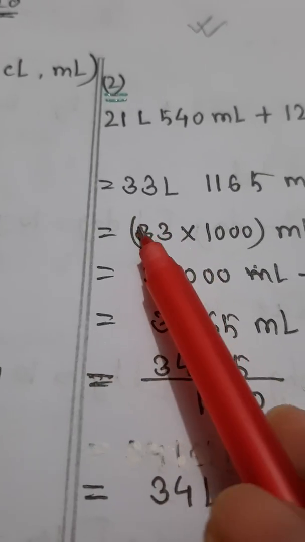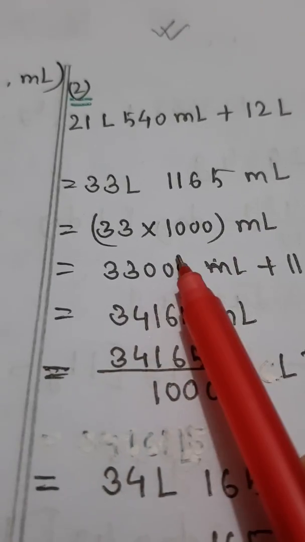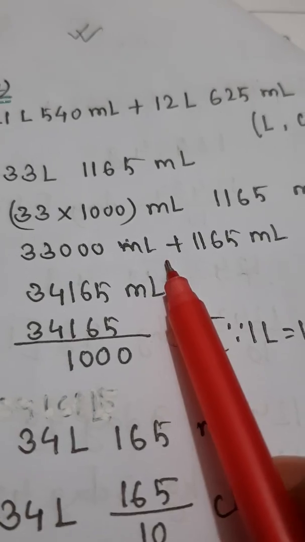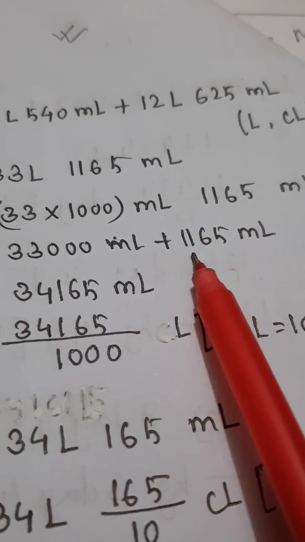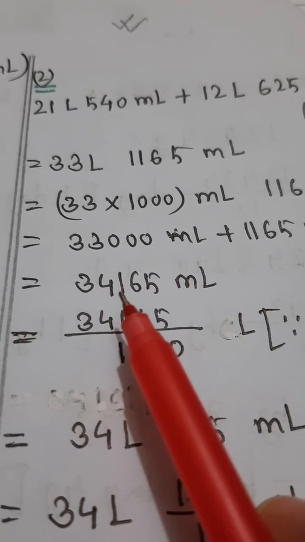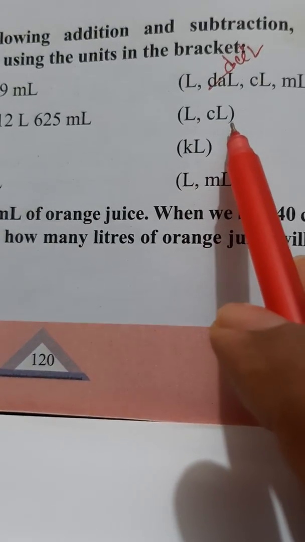Then we convert liter into milliliter, so we multiply 33 by 1000, we get 33,000 plus 1165 milliliters. We add these two numbers, so we get 34,165 milliliters.